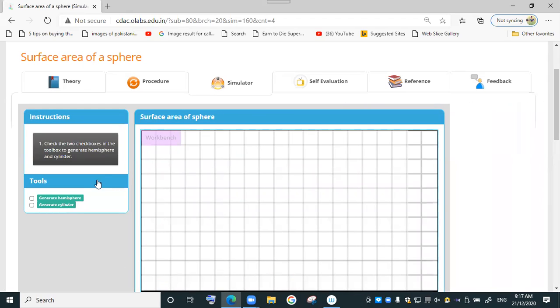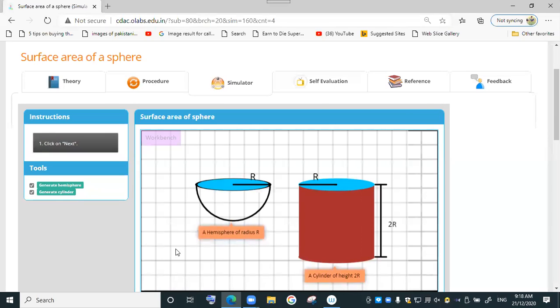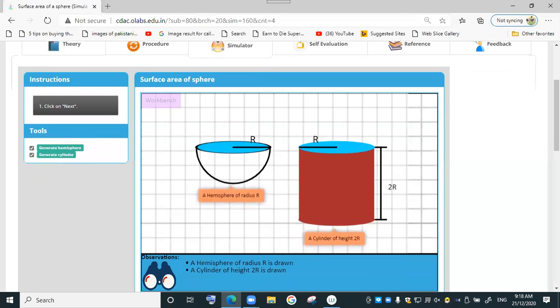Okay. Check the two boxes in the toolbox to generate the hemisphere and cylinder. When you click, you will get a hemisphere of radius r, and the other gives a cylinder of height 2r and the same radius.